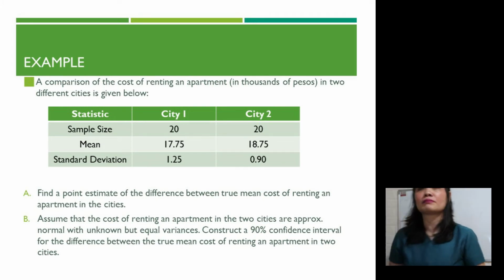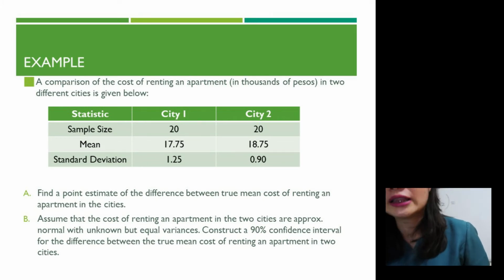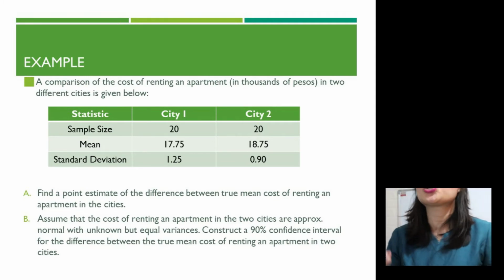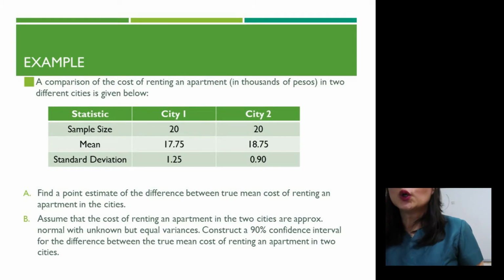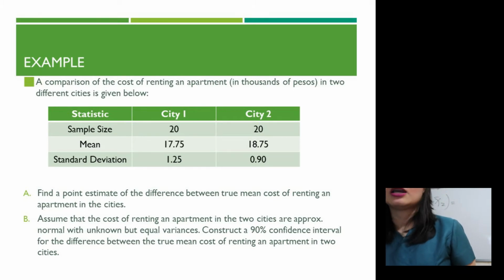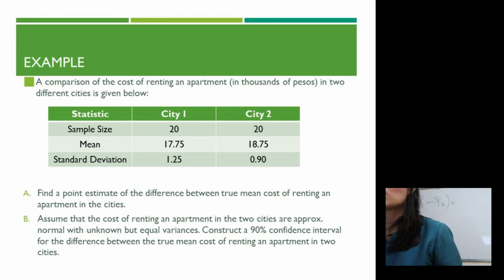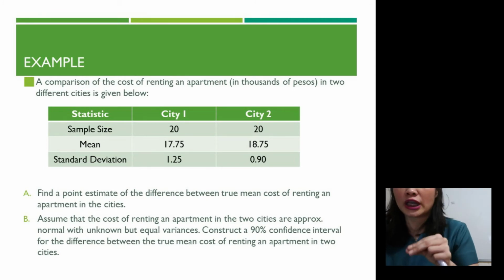Next, letter B. Assume that the costs of renting an apartment in two cities are approximately normal with unknown but equal variances. Construct a 90% confidence interval for the difference between the true mean cost of renting an apartment in two cities. So 90% confidence.